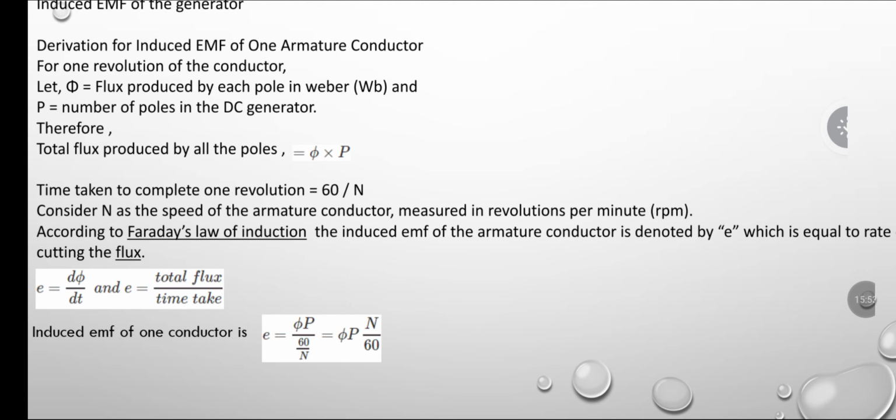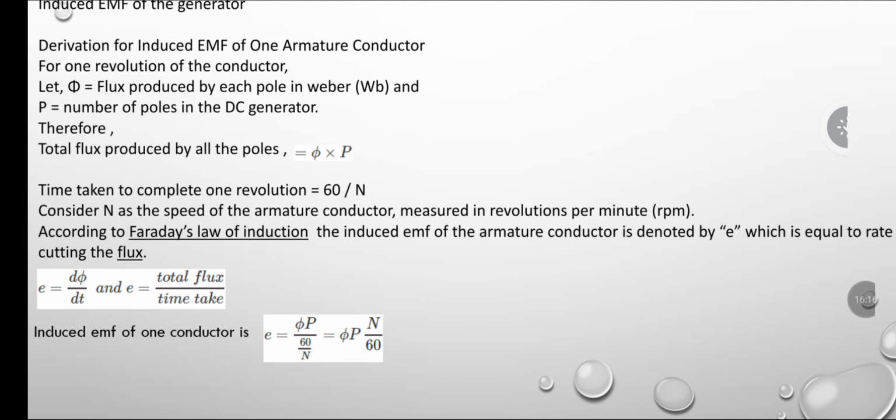Now for induced EMF in one conductor, just put the values: total flux is phi P, and the time taken is 60 upon N. So you will get phi P N upon 60. This is the induced EMF in one conductor.